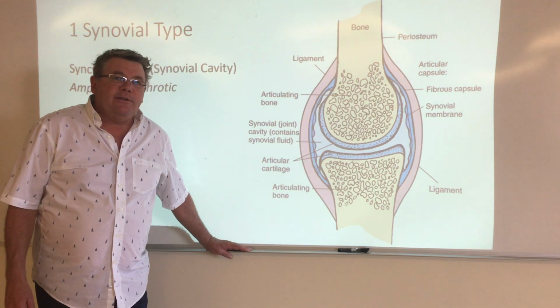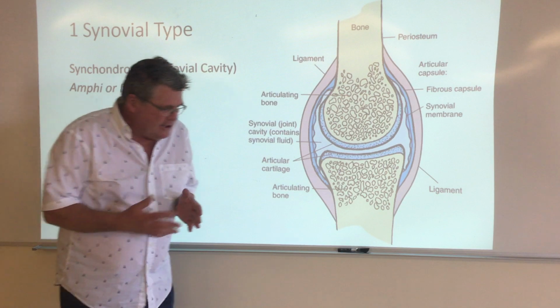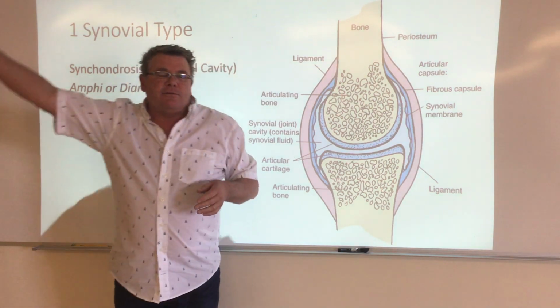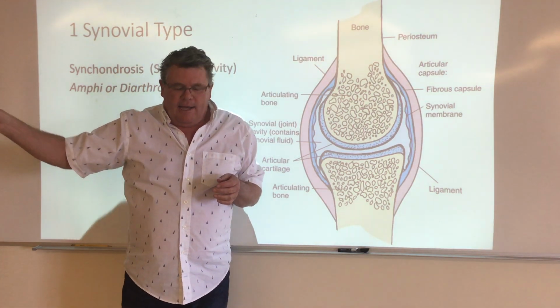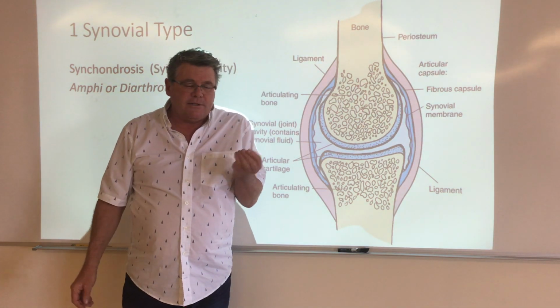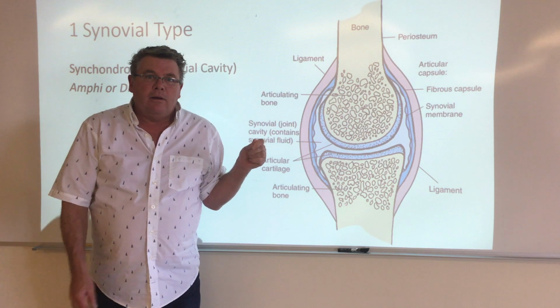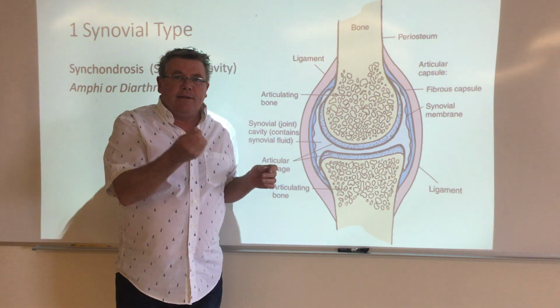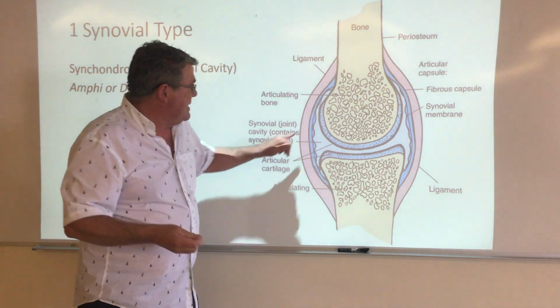Now, synovial fluid, if you want to try and imagine what it's like, is if I was to run right across the hall and maybe you have a little thing in your bathroom where you can pump out some soap, and it's nice and kind of slippery. That's what synovial fluid feels like.